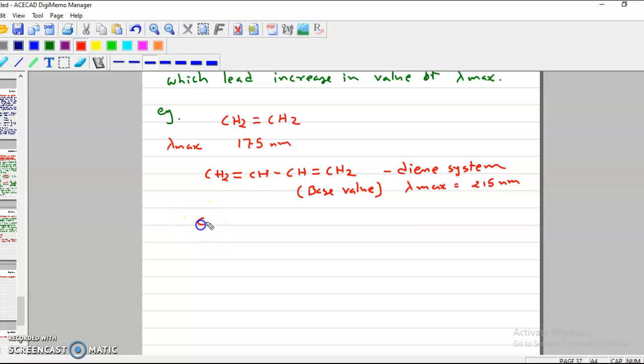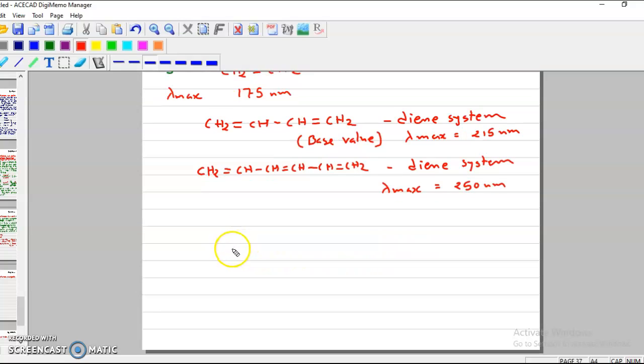Now, with reference to this, if we take hexatriene, where there are three alternate pi bonds, again the basic system remains diene, and with the extended double bond, obviously resonance will be more, and therefore the absorption also increases, and we can see 250 nanometer. So around 250 nanometer you will find absorption of this molecule, and this is because of the presence of more than two alternate pi bonds.